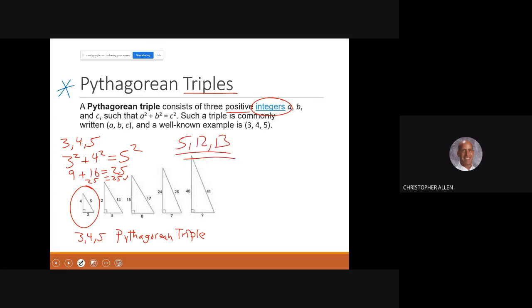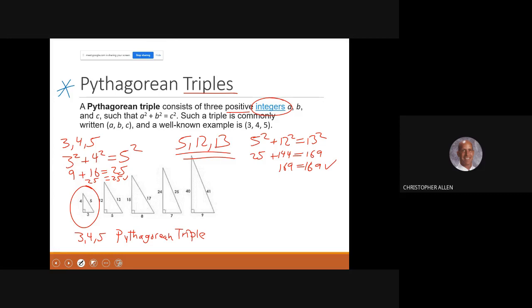That is also a Pythagorean triple because 5 squared plus 12 squared is equal to 13 squared, because that would be 25 plus 144 equals 169. 169 equals 169. So that's why we call those Pythagorean triples, okay?